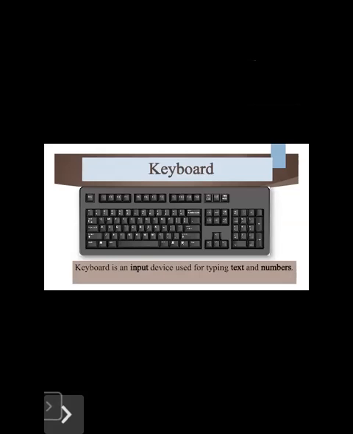Moving on to the next basic component of the computer system, and that is the keyboard. Keyboard looks like a typewriter. If we physically observe the keyboard, it looks like a typewriter, but a keyboard is an input device. Keyboard is an input device because we can type letters, alphabets and numerical characters through it. We can type numbers with it. We can type the alphabets in either uppercase or lowercase, and some special characters.